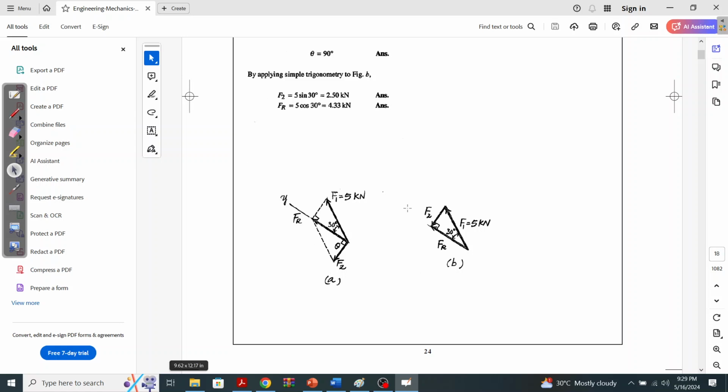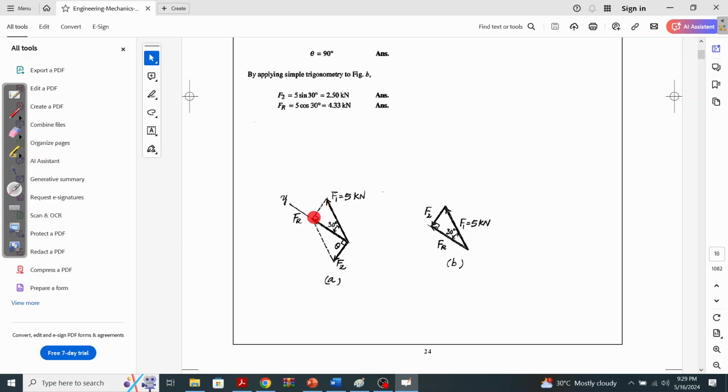Now, according to the conditions, we can very easily take out one triangle and put it here. So this is our F1, this is our Fr, and this is our F2, with the arrow ending here.